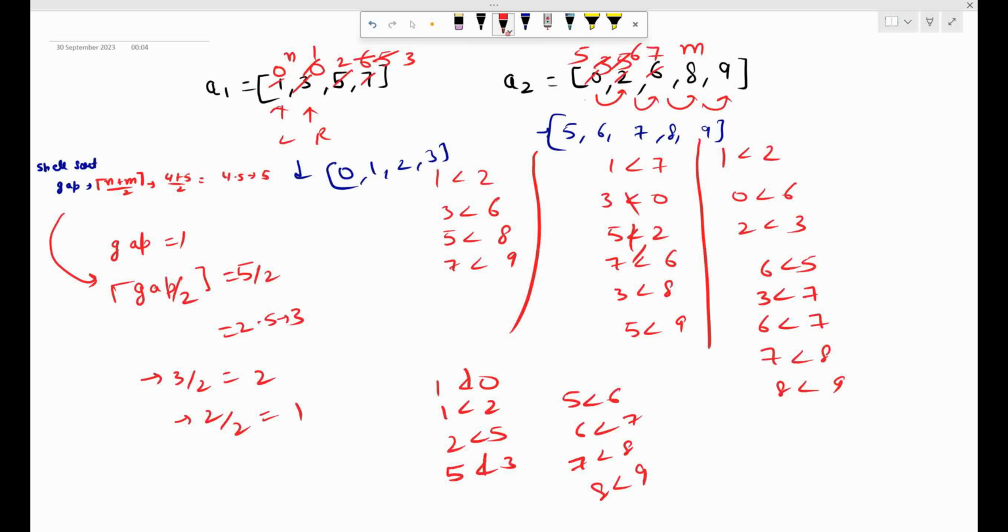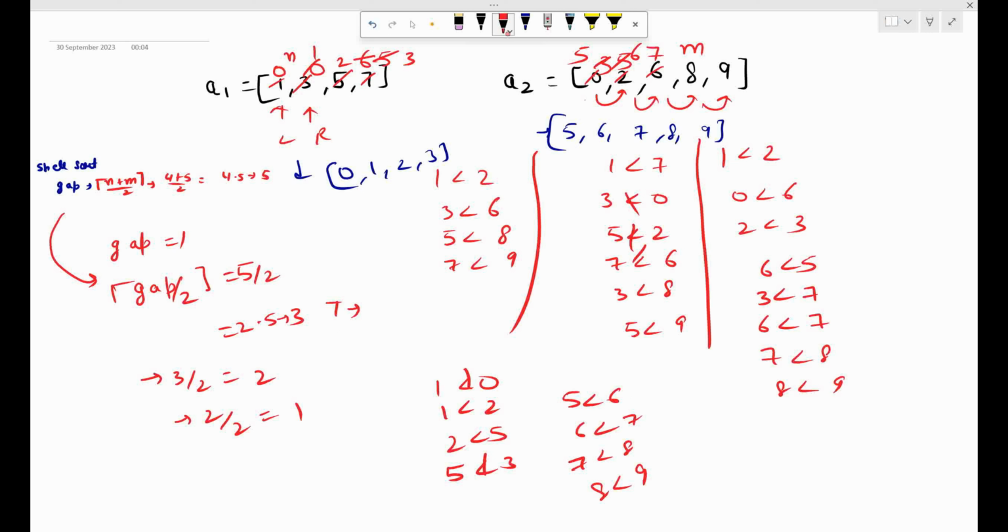Now, what is the time complexity of this? Okay, so what we are doing is we are looping through this, right? We are calculating a gap every time, and what we are doing is dividing by 2, right?